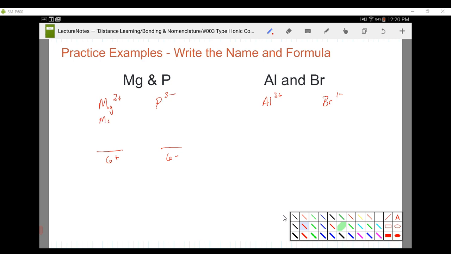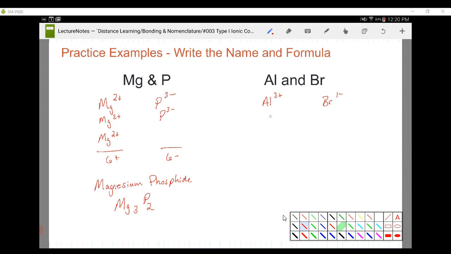So to do that, I'm going to need to have 3 magnesium ions to add up to positive 6. I'm going to need 2 phosphide ions to add up to negative 6. So my name becomes magnesium phosphide. And the formula has 3 magnesiums, 2 phosphides.